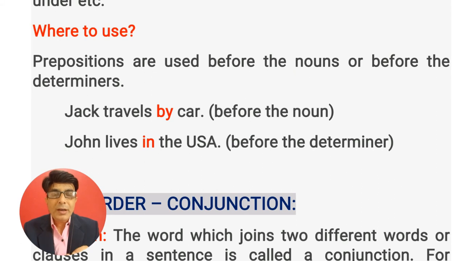Now here the noun is USA, but before the noun we have used the article the, and before that the preposition in is used. So prepositions are used either before the noun or before the determiners.